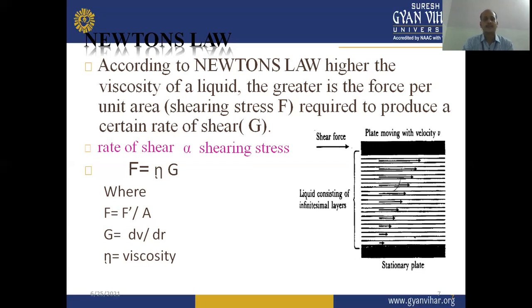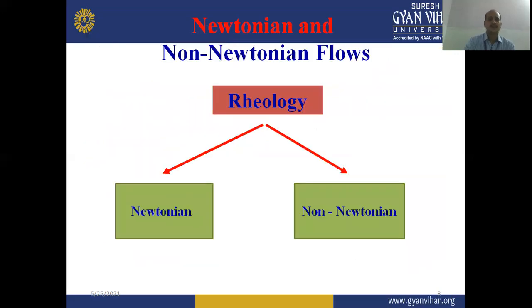As per Newton's law of flow, F equals eta G: the rate of shear is directly proportional to shearing stress. When we apply force per unit area, there will be a change in the rate of shear, directly proportional to the force per unit area or shearing stress.